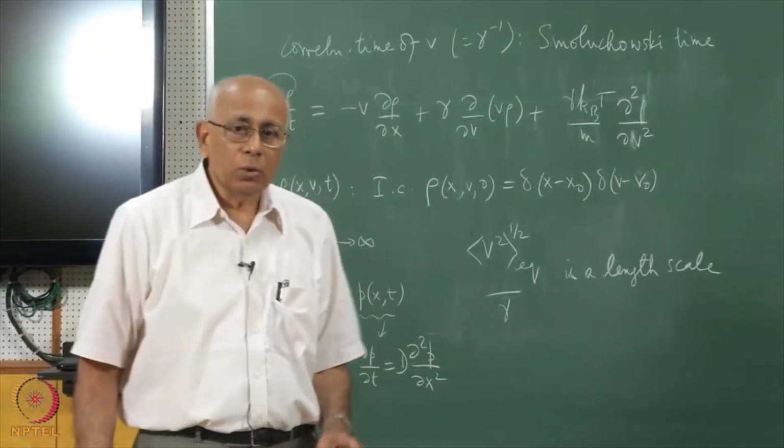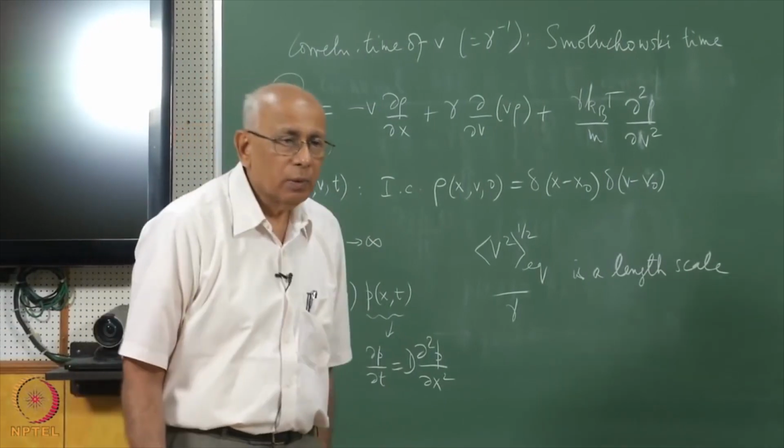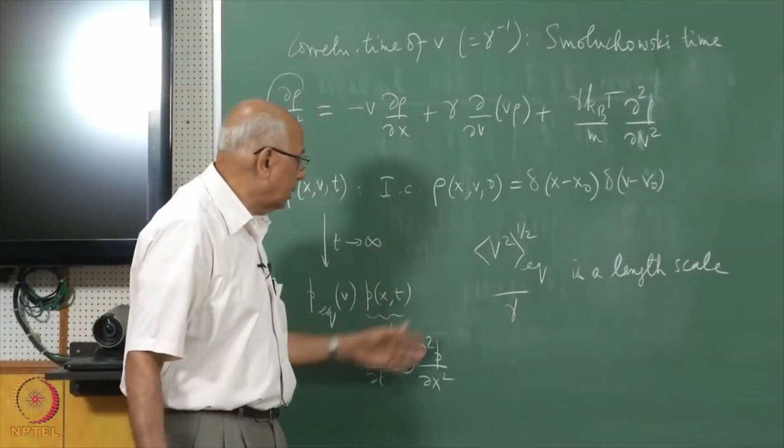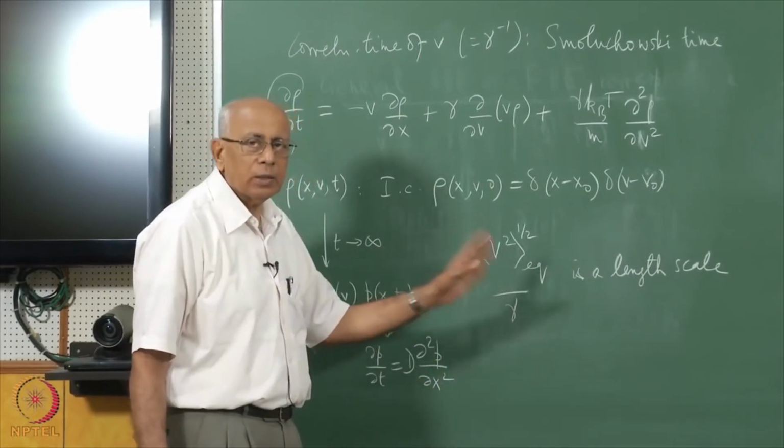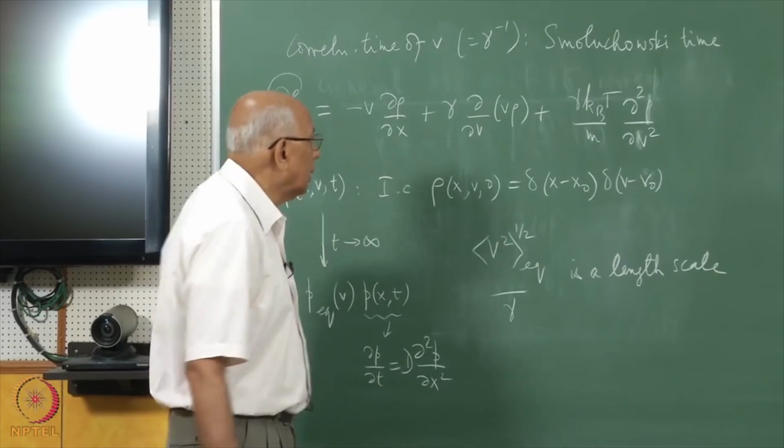And in general the solution is some kind of Gaussian, which would asymptotically become something like this. Writing it down in 3 dimensions is very messy, but in 1 dimension one can write the explicit solution down, okay.